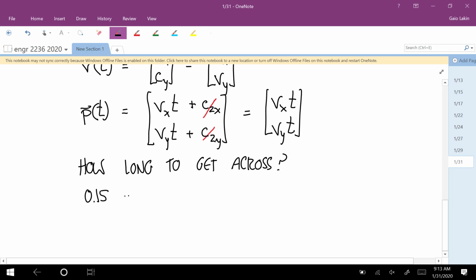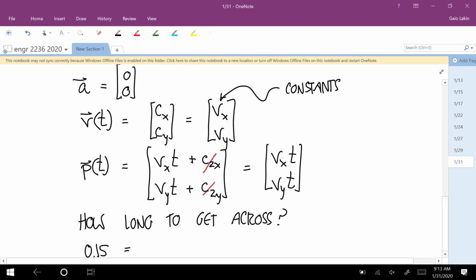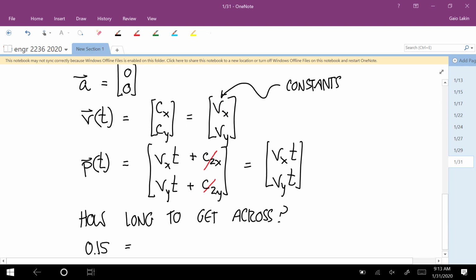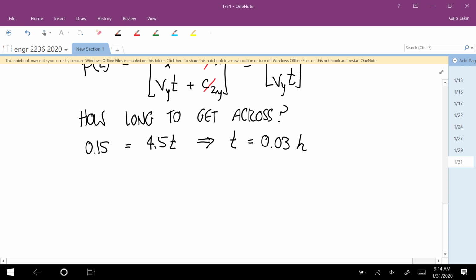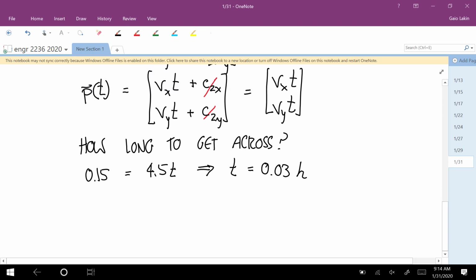So 0.15 is equal to the y velocity, 4.5, t. And so t is equal to 0.03 hours, I think. And now you can plug that into the x equation.